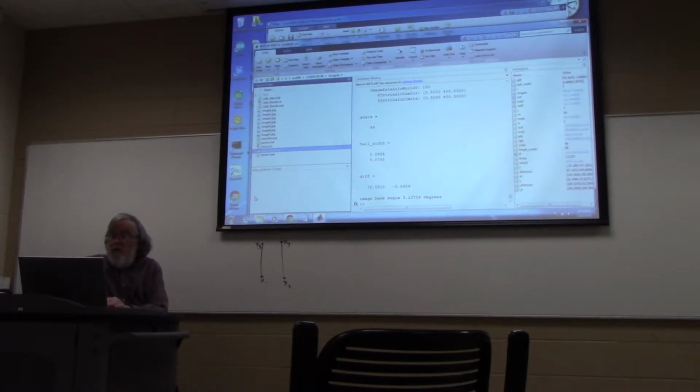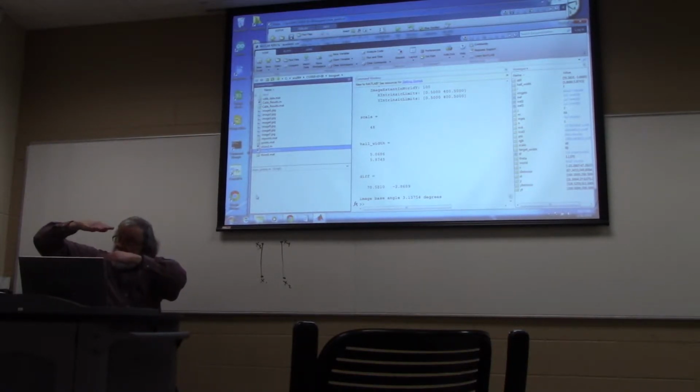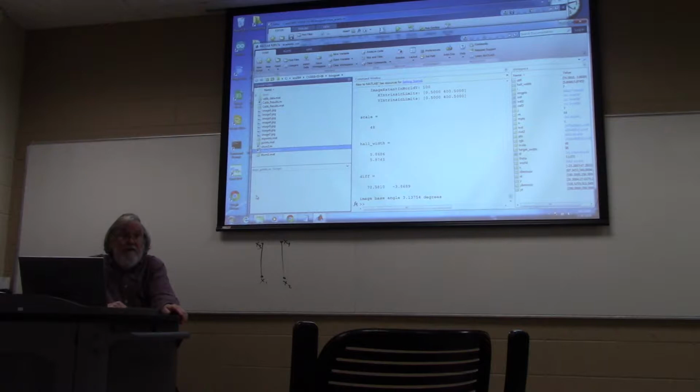And I'm coming up with about 3 degrees as the angle between the camera base and the checkerboard base that we saw was tilted, right? And this is saying, yeah, it's tilted to about a 3-degree angle, okay?